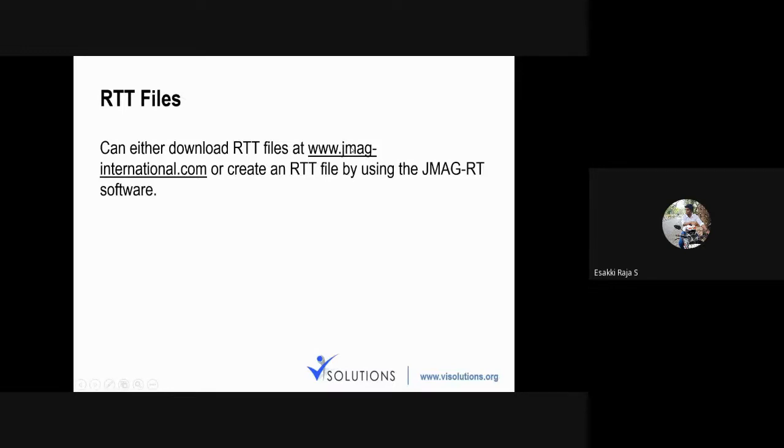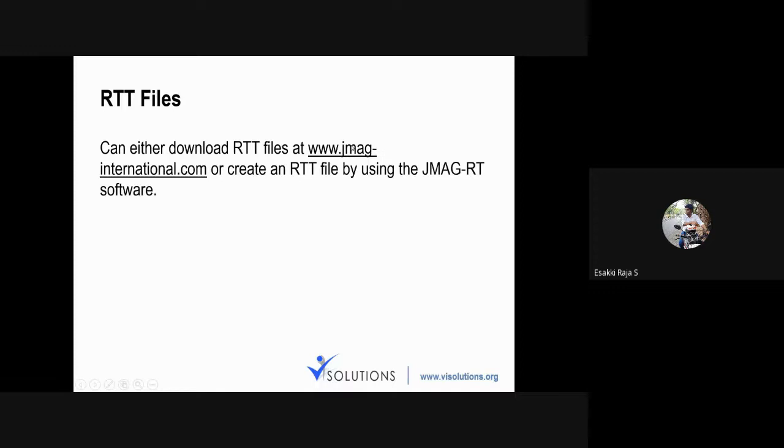If you want to create your own RTD file for your motor, think that you have a motor you want to simulate in LabVIEW. For that motor, you can make use of the software JMAG-RT. This software can be downloaded from this link.